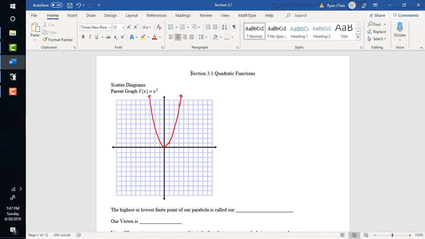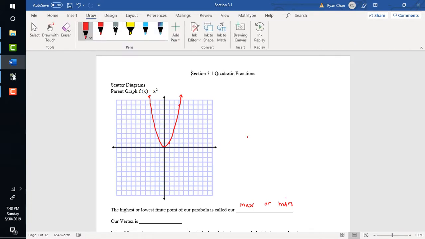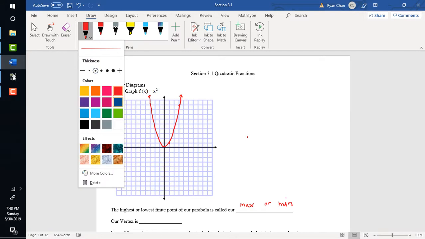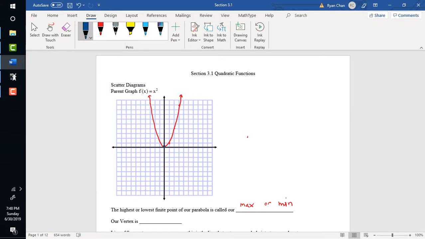And then we have something called our maximum or our minimum, depending on which way our parabola is opening. In our case, if I look at my graph here, I have a minimum like this.